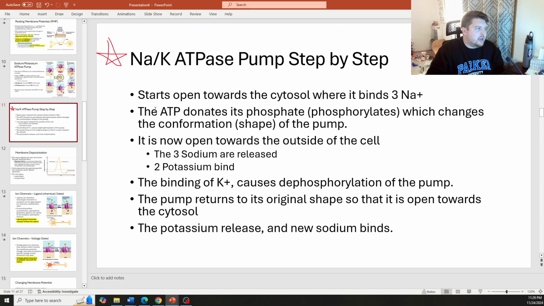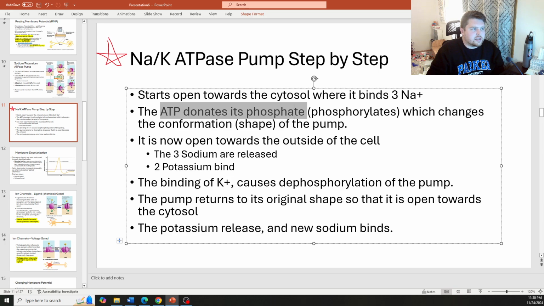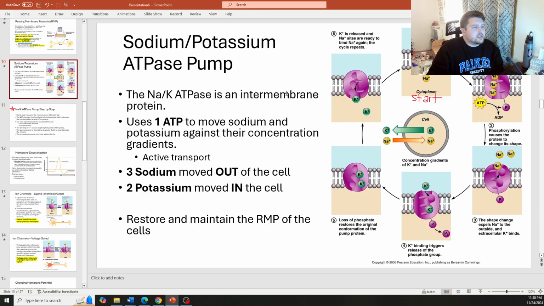And then an ATP donates its phosphate, so it phosphorylates the pump, which causes it to change shape. So it closes towards the inside of the cell and opens to the outside of the cell.